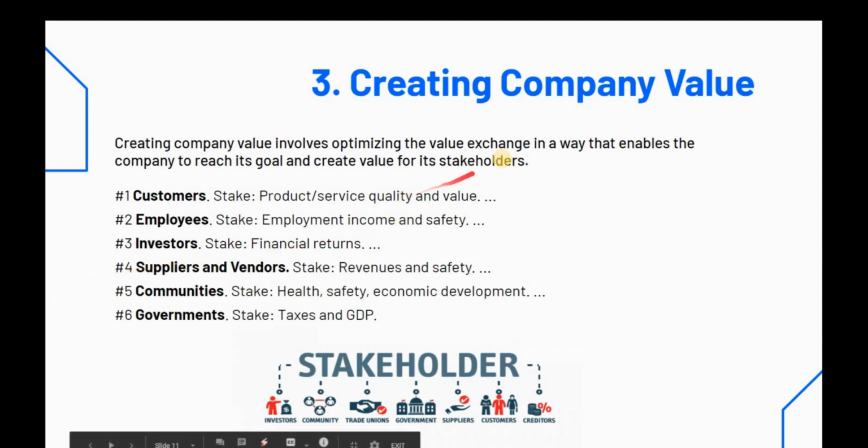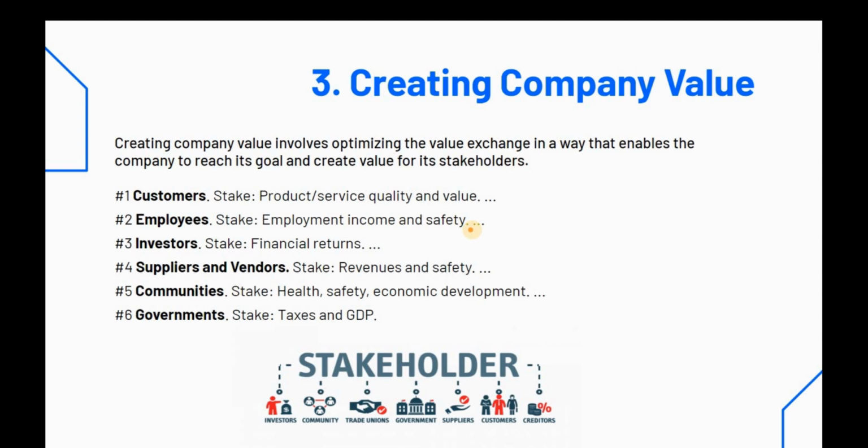Number 3 is all about company value. Okay, so sometimes, to put it simply, companies neglect value towards their own company or people in the company. They're too much focused on customers. While it is correct that you focus on your customers, you must not neglect your employees. For example, their employment income, their safety.